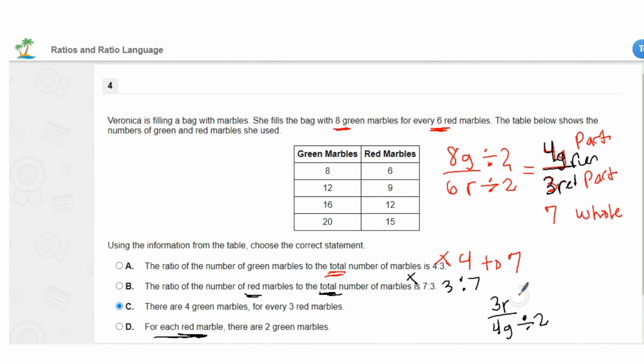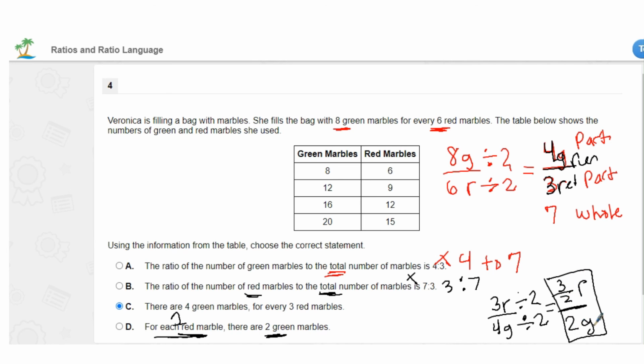And I would divide this by 2. And then I will have 3 halves red marbles for every 2 green marbles. This is actually what it would be if the number of green marbles was 2. And since it says for each, that's saying that it's only 1 right there. But if it was really a 1 for red, it's supposed to be 3/2.